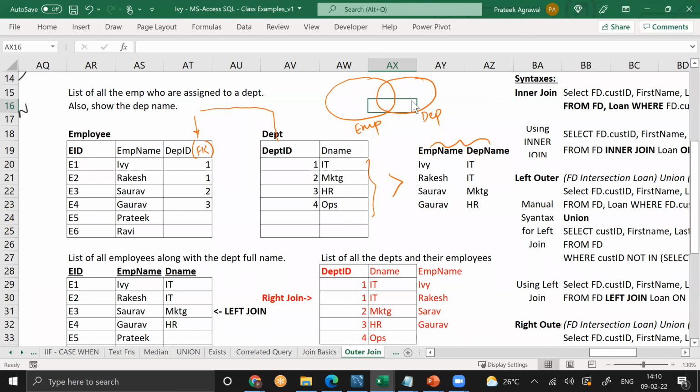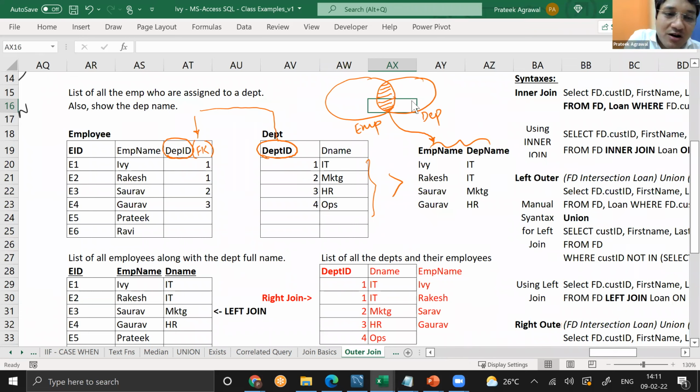This shows the common rows between the two tables. And how did we find the common rows? We found them through the department ID, through a join on these two common columns, the foreign key. The common columns essentially, right?